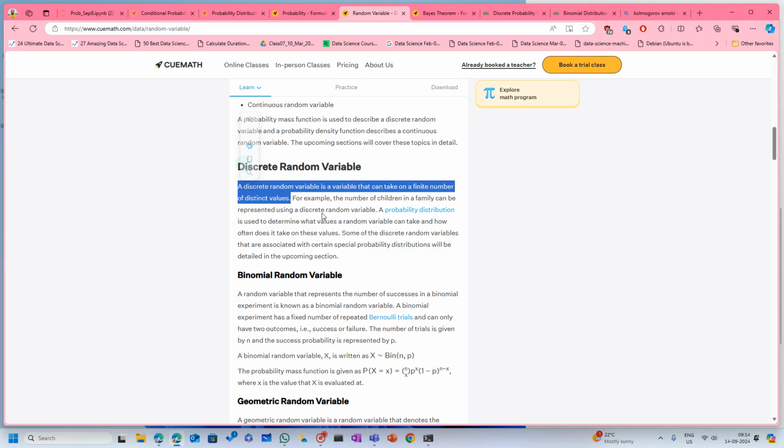Okay, and I will give you an example for continuous also. For continuous, if you calculate the chances of people winning the lottery, there would be a certain probability from this area. Or another example, a random variable can be the population of a state.